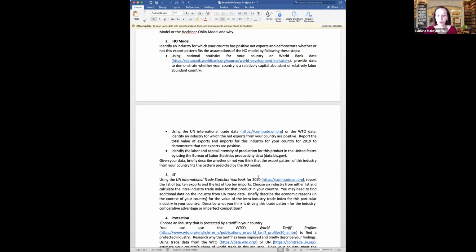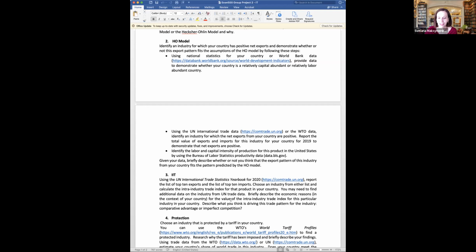They reported top 10 exporting industries of their country, top 10 importing industries. They look at the data, they briefly describe the reason why they believe the country is their net exporter or net importer of a particular product or service.